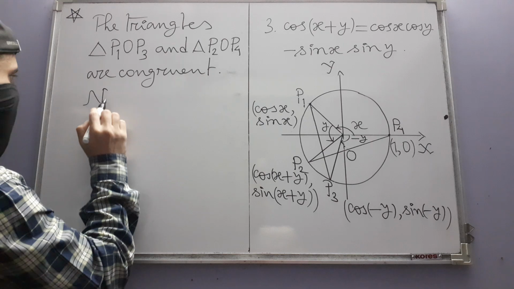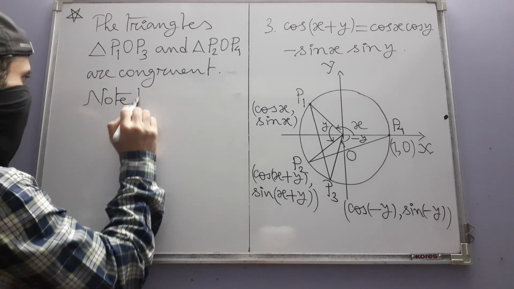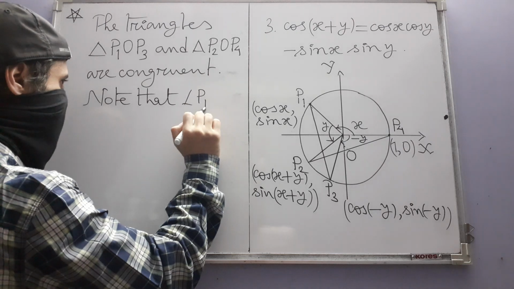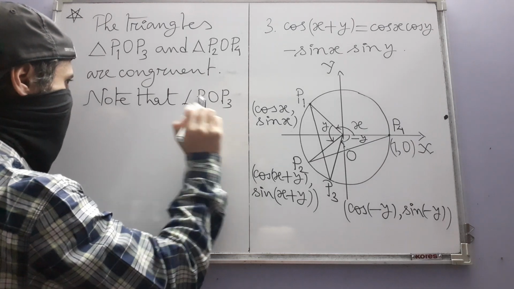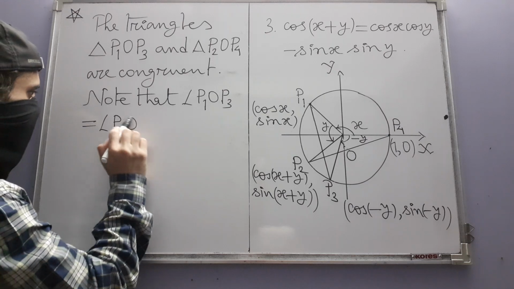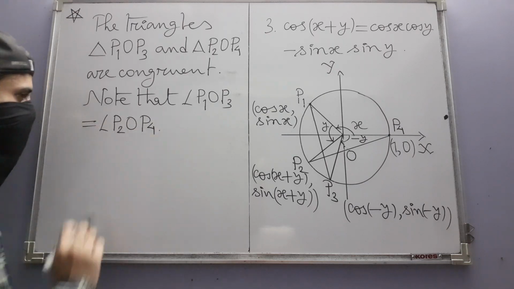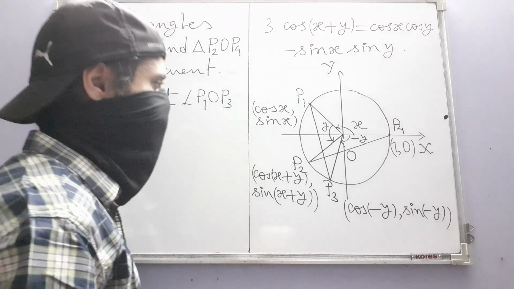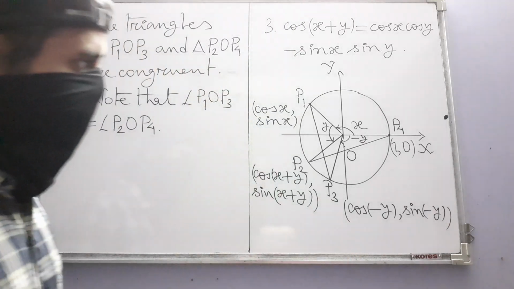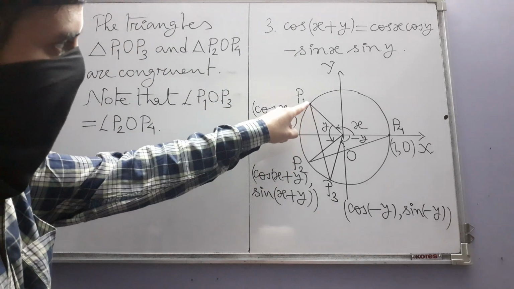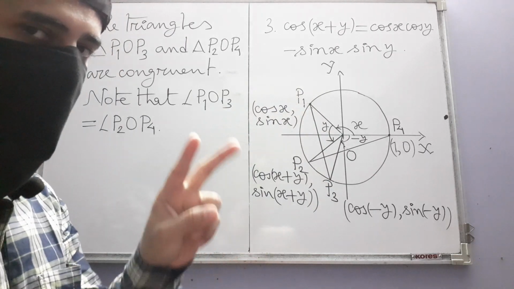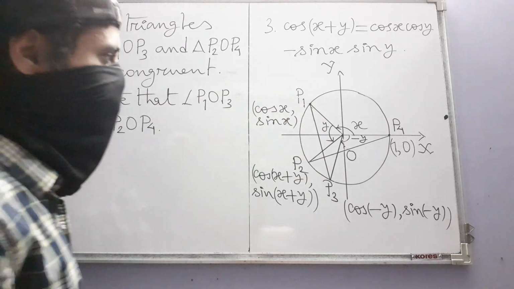Note that angle P1OP3 is equal to angle P2OP4. But how? Okay. Now, you can see that the angle P1OP3 is a combination of two angles.